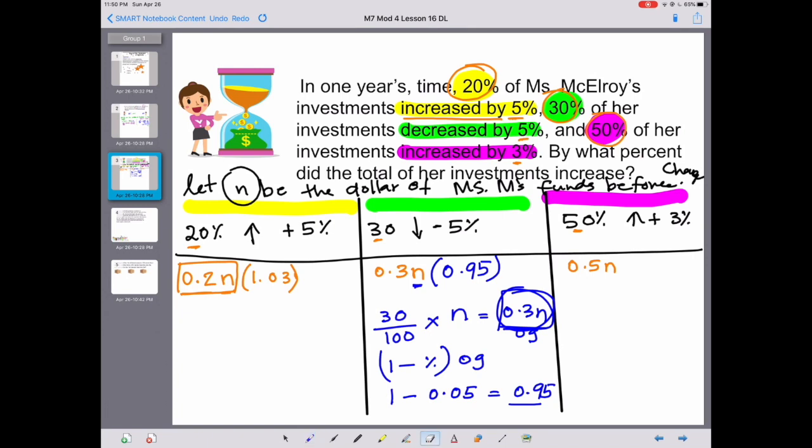This I'm figuring out: if I had some amount of money n, 20% of this is this, and my money increased. So if I have 100, my money would increase by $5. Then I have 105.